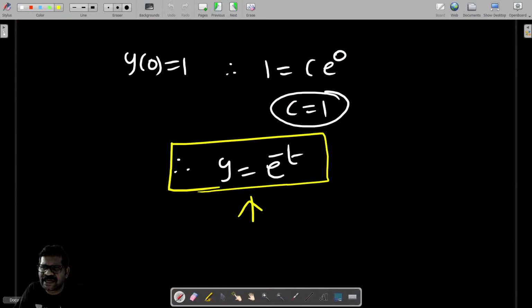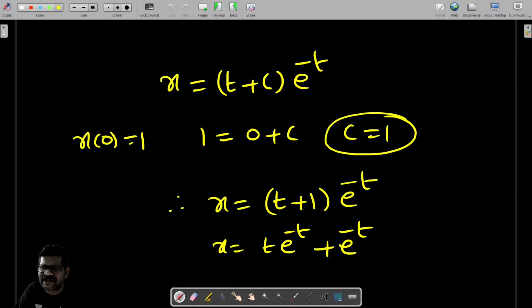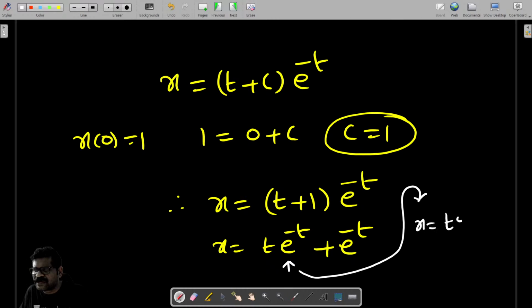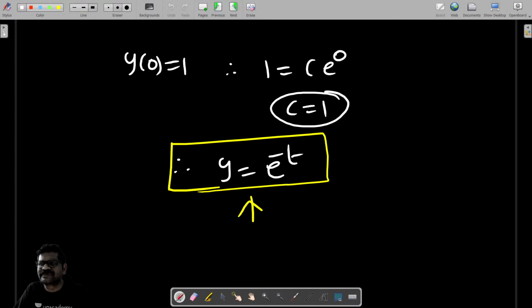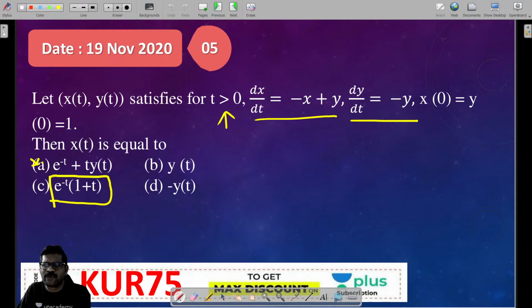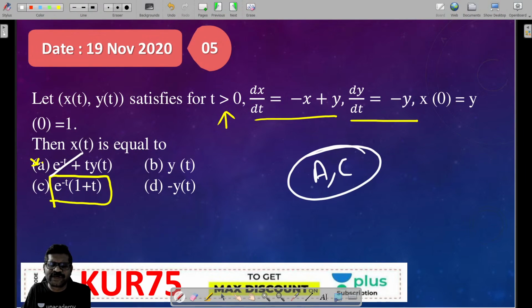Here you can write this e power minus t as y of t, so this can be written as x is equal to t into y of t plus e power minus t. So this is option C, this is option A. Both A and C are found correct in this problem.